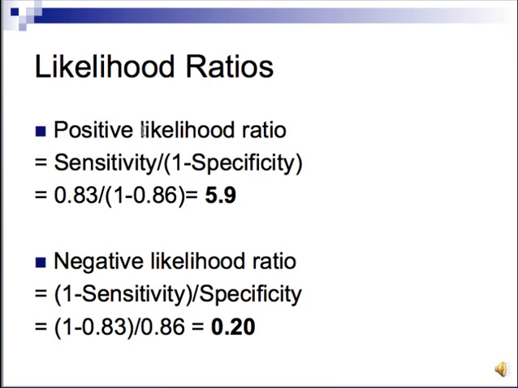The negative likelihood ratio has to do with the likelihood that the person has the category or the disease given a negative test, and a positive likelihood ratio is the likelihood they have the disease given a positive test. So one's about them not having the disease, the negative likelihood ratio, and one's about them having the disease, the positive likelihood ratio. And we can see here that sensitivity and specificity, this is the formula here, are used to calculate likelihood ratios, and the numerator and denominator change slightly, whether it's a positive likelihood ratio or a negative likelihood ratio.